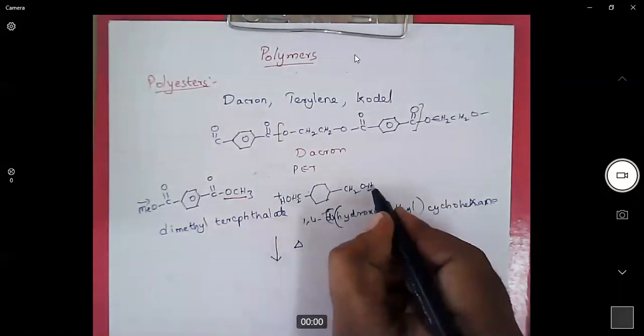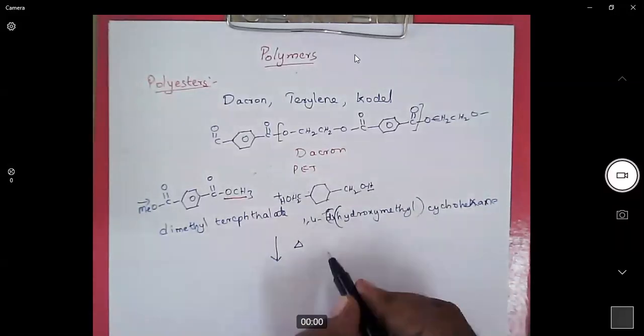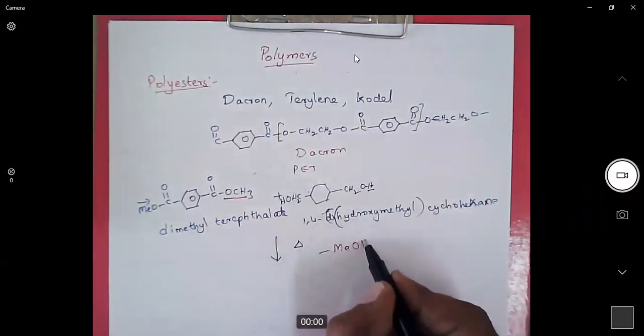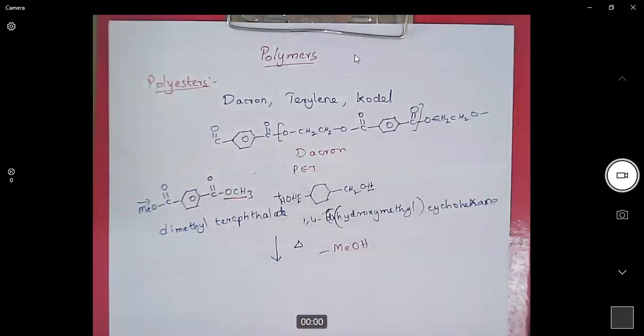So we will be losing a molecule of methanol, and you write the structure of the polymer.